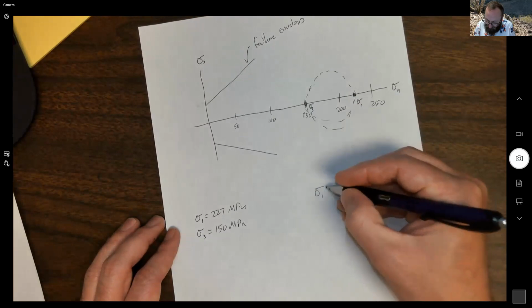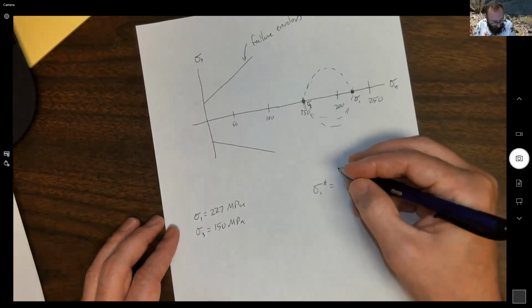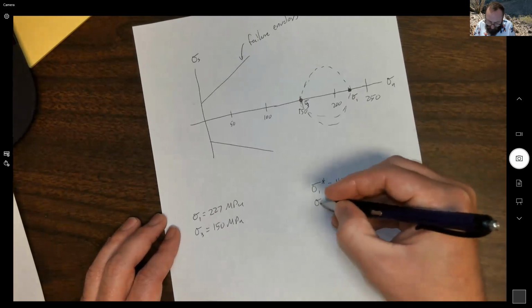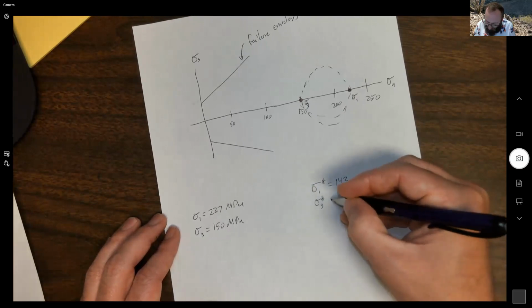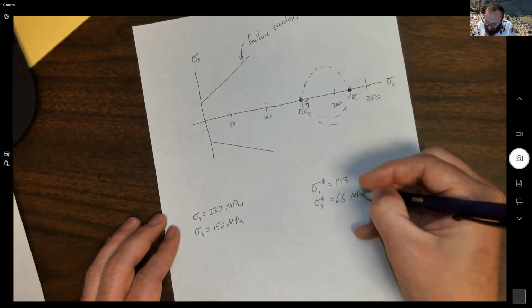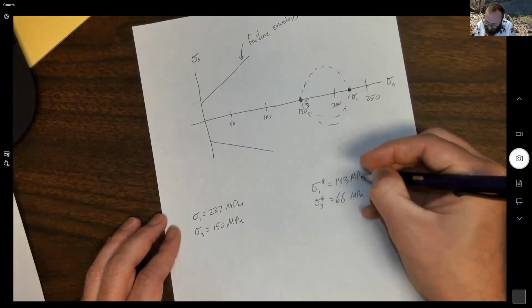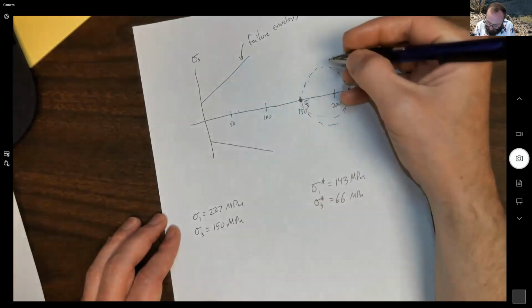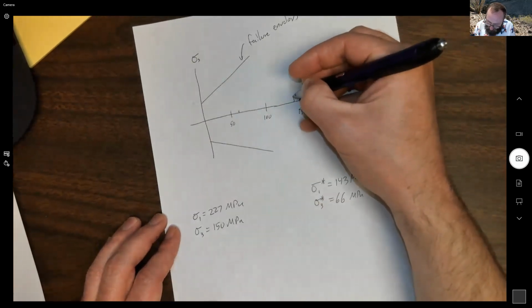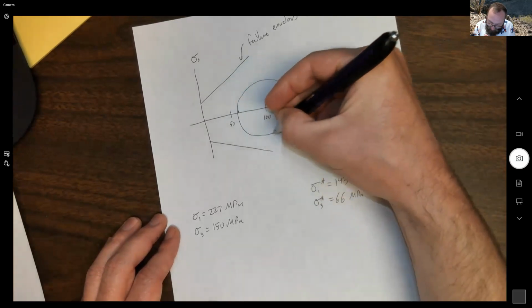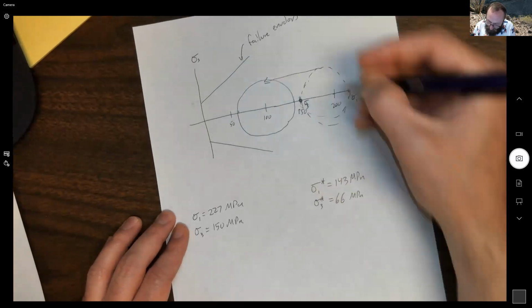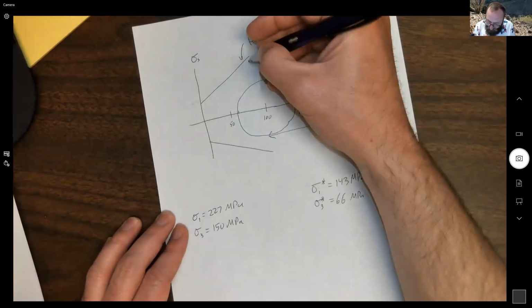So our effective stresses are now 143 and 66 MPa. So 66 about right here, 143 about right here. I didn't draw this great. So what it did was it shifted our Mohr circle over closer to failure.